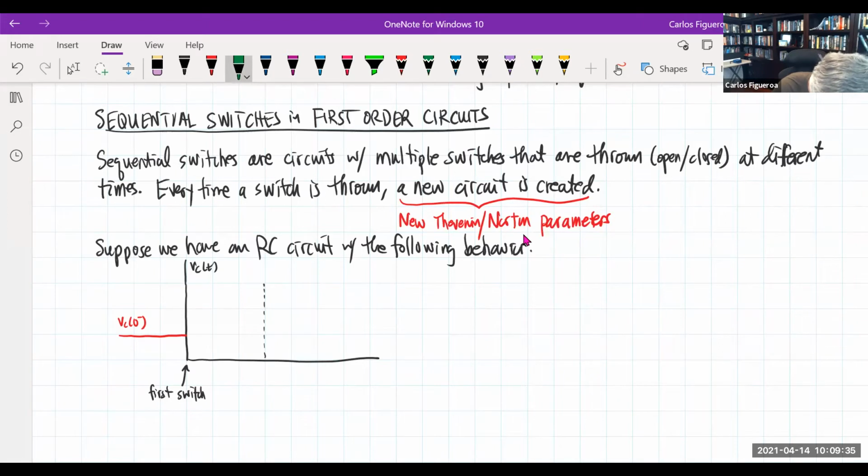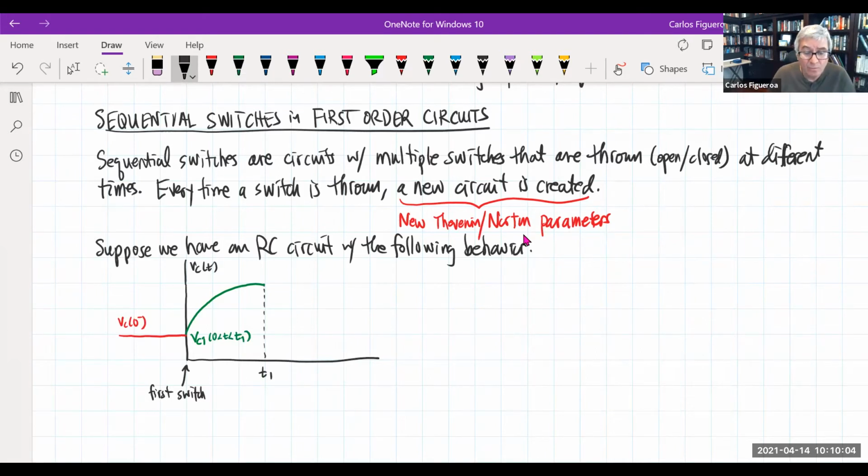So this is my first circuit, RC circuit. And let's say that it goes up to some value like this. This is going to be my capacitor for the first switch that was thrown. And I'm going to go from 0 to T1. And here's where T1 is at.